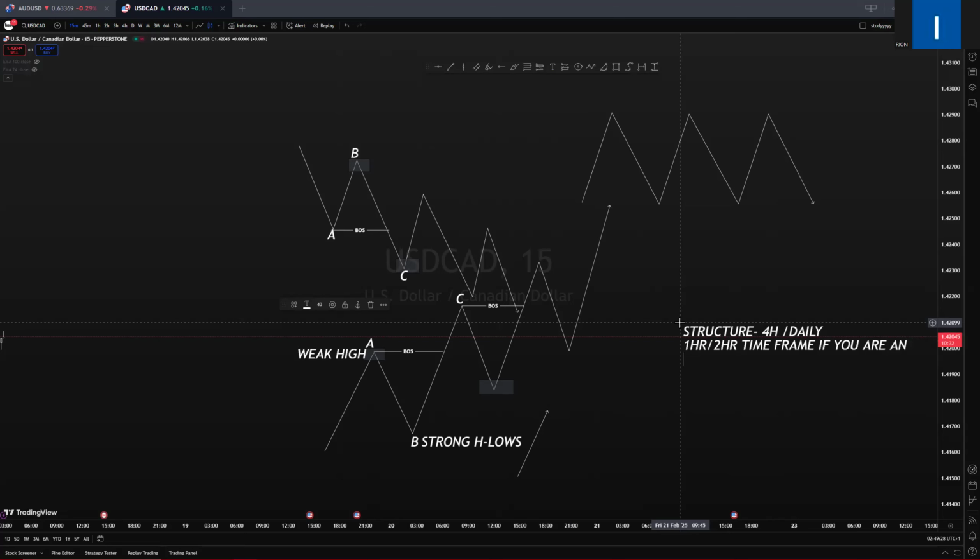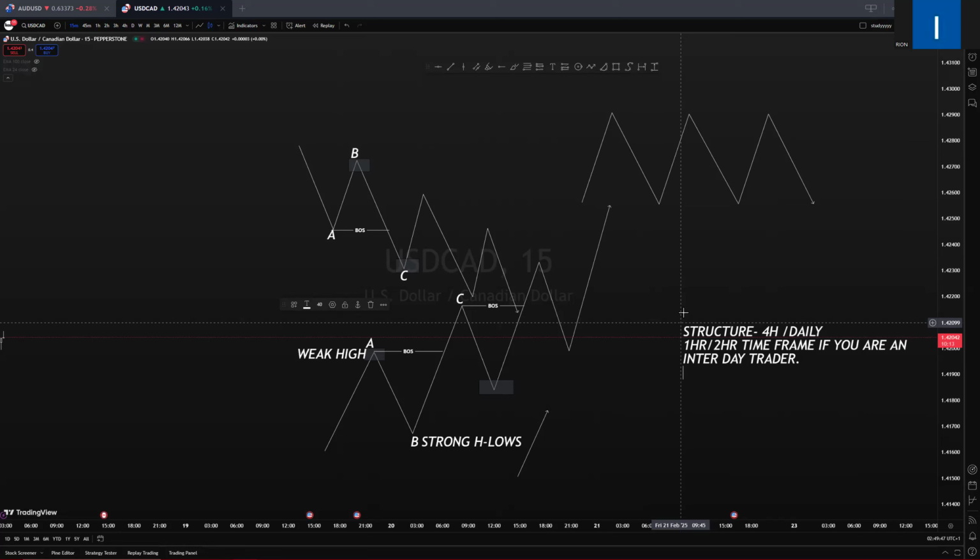But if you're a swing trader, the 4 hourly and daily time frames are where you're going to pick your structure from. Regardless, I would always advise that you study the structure on the 4 hourly and the daily time frames.